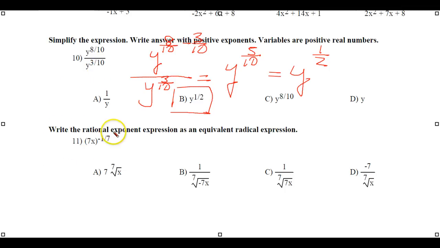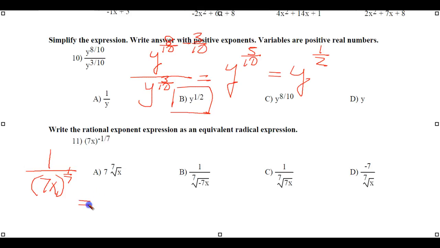Now, write the rational exponent expression as an equivalent radical expression. So, since this is negative, we're going to move it down to the denominator as, in parentheses, 7x raised to the 1/7 power. It's now positive.